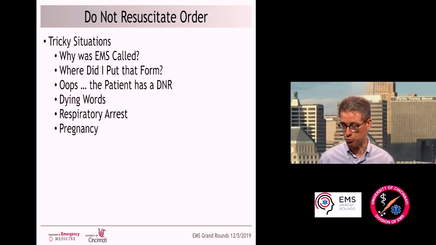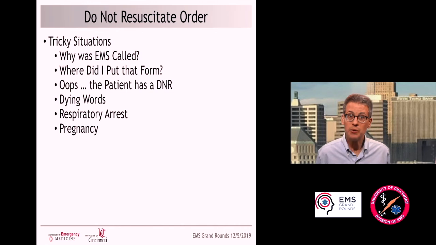Because the family, who probably has capacity, which you will assess, right? So long as the family has capacity, they can continue to make medical decisions for the patient. So if the family says, well, no, Dad would never want to be intubated, something like that, okay, well, that's fine. Then you can go ahead and honor that.